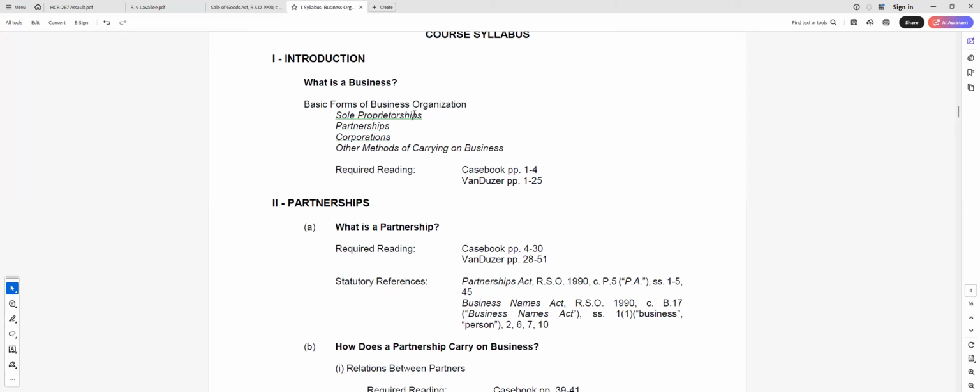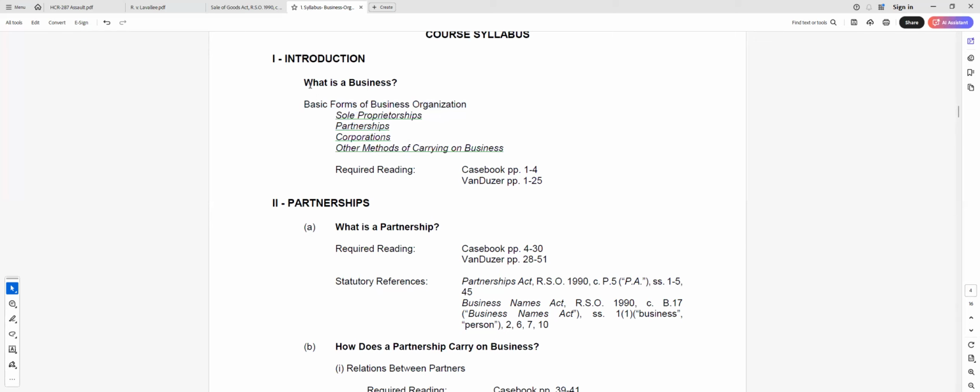What are these? How are these formed, etc.? Then other methods, like I said, there can be joint ventures, licenses, and franchises. So all those things. So we are going to do this chapter today.